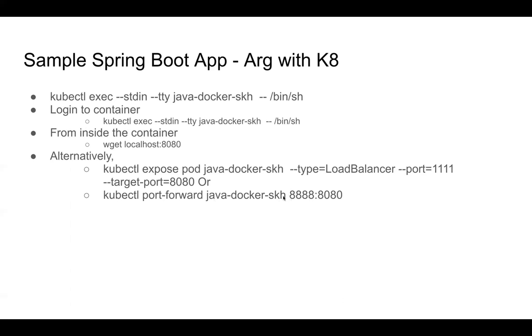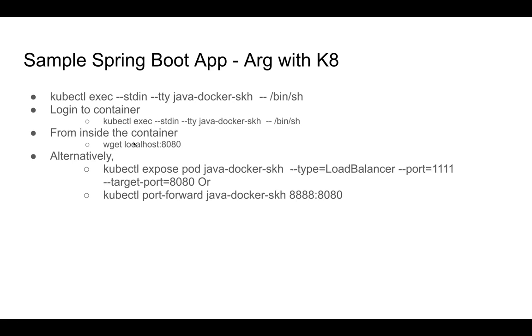We have done this port forwarding in the previous videos, so you can follow that. Port 8888 on local will be forwarded to 8080 on this particular port. Then you say localhost:8888/tips, and it will return the same result which we are getting from inside the container using this command.